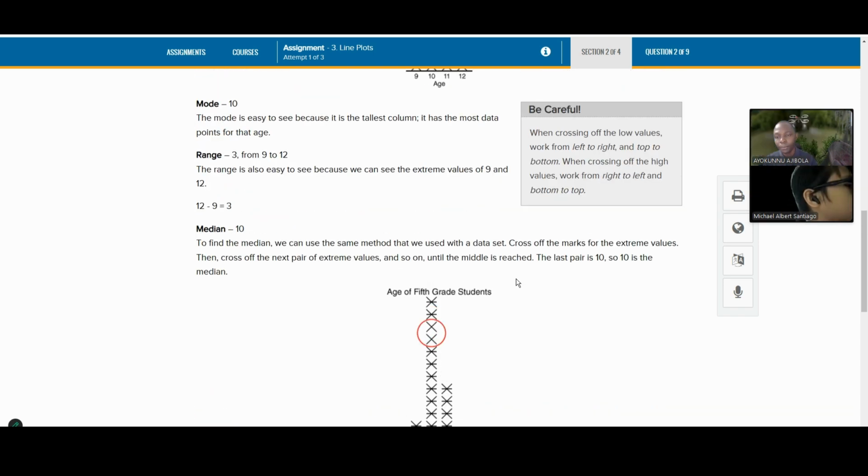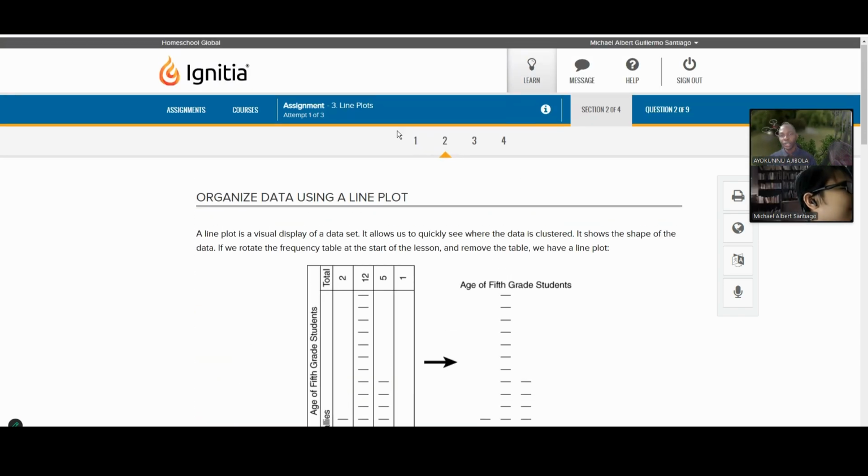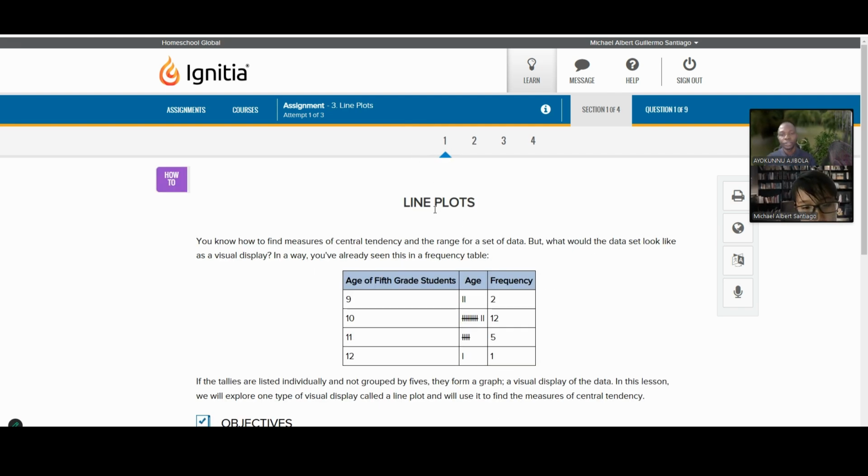All right. So you're welcome to the class for today. And you remember in our previous classes, we have been talking about statistics, we've been talking about measures of central tendency, and we've been talking about finding the mean, median, and the mode of a set of data, right?